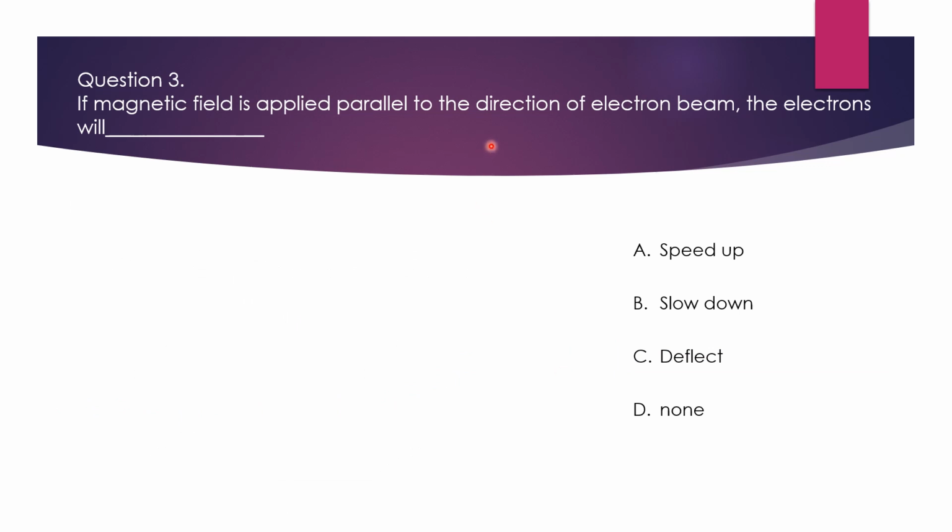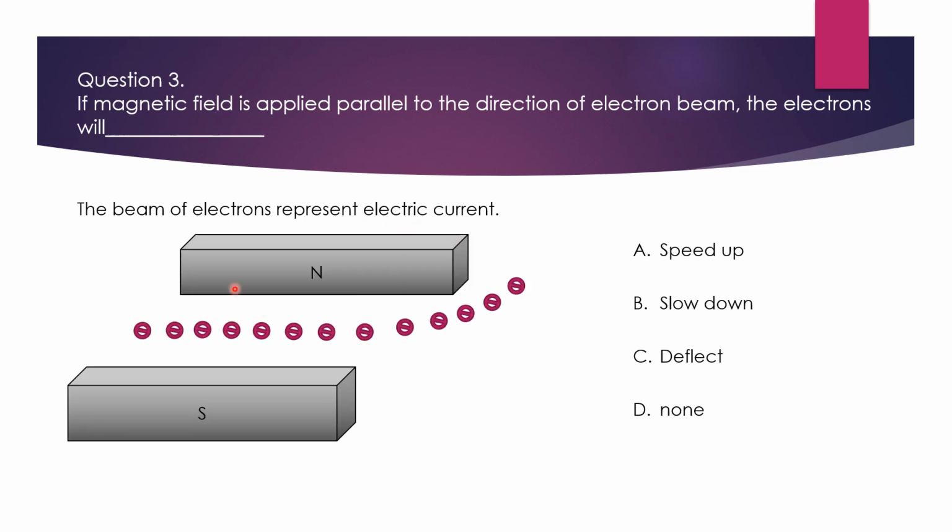Question 3. If a magnetic field is applied parallel to the direction of the electron beam, the electrons will. Now, the beam of electrons represents electric current. Here, this is the magnetic field placed parallel to the beam of electrons. Since this is a beam of electrons, the left hand palm rule will be applied.